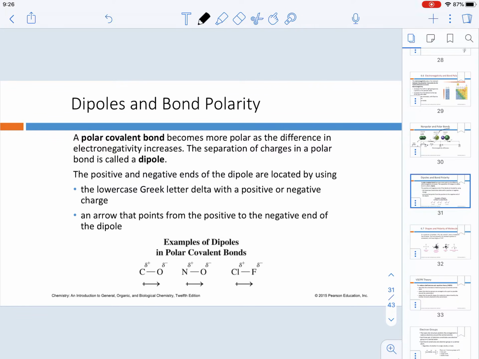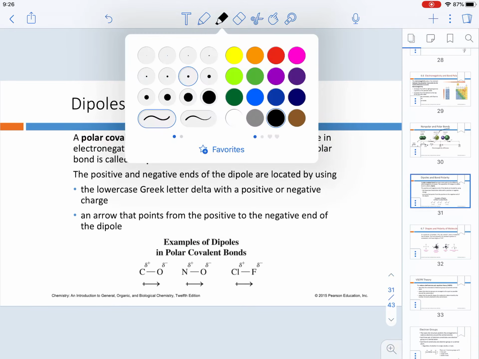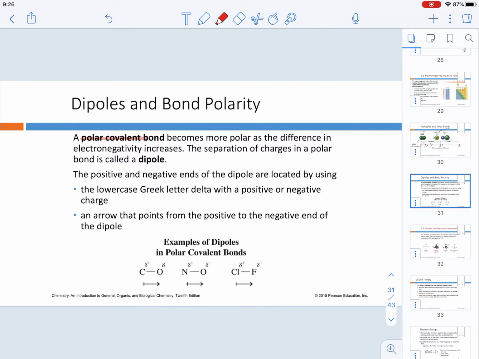Now, there is something that is very important. If you have a polar covalent bond, understand that for a covalent bond, there's different ways in which we can illustrate it. Because of the separation of the charges, we have created a dipole.